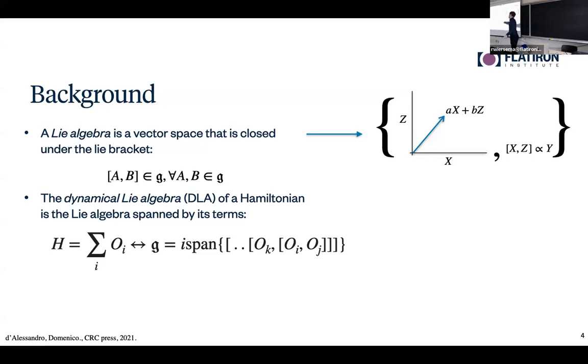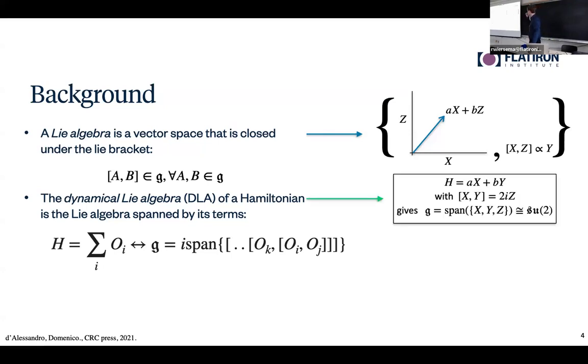This can be extremely deep, but you keep taking commutators until you have seen every possible element, and that's when you have closed the vector space under the bracket. This is the definition of the dynamical Lie algebra. It's basically the Lie algebra spanned by the terms in your Hamiltonian.